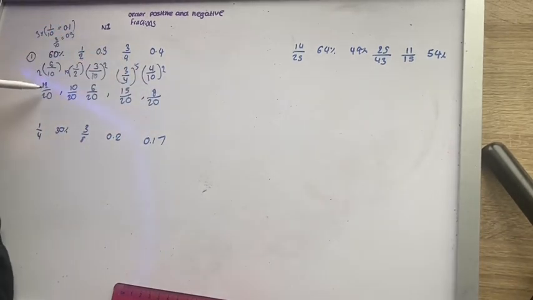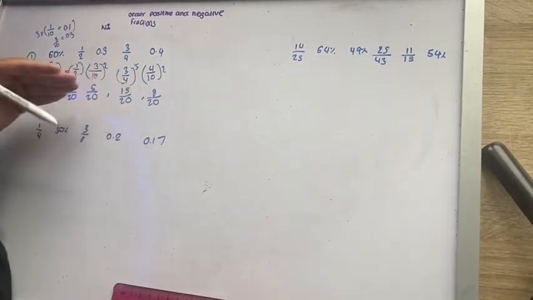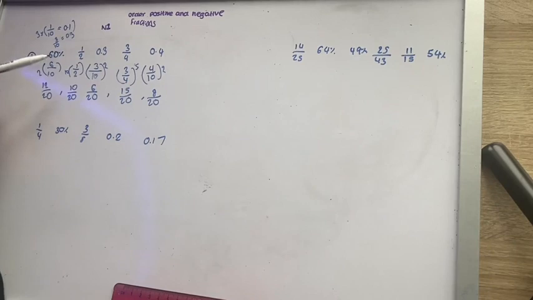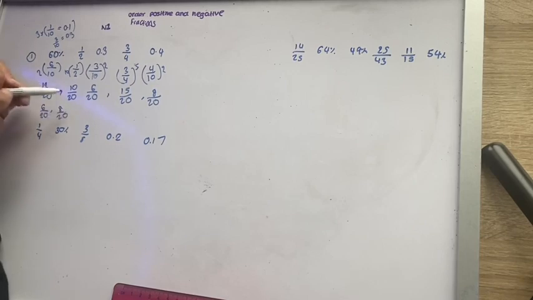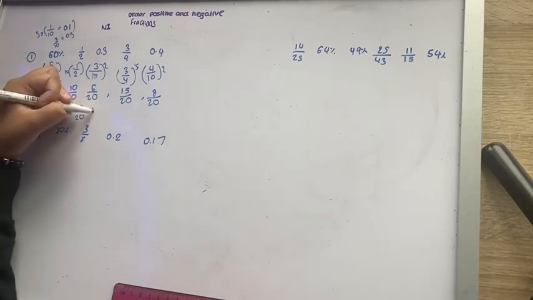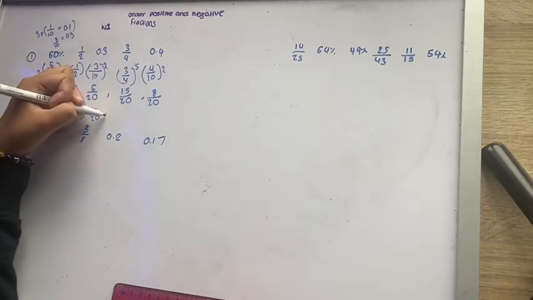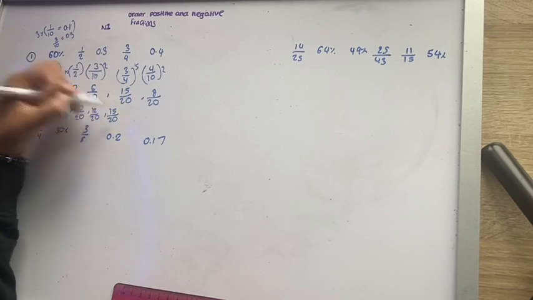And then I can simply just put it in order. So, ignoring the bottom part, we're just going to focus on this, and we're going from lowest to highest. So the lowest would be 6 over 20, followed on by 8 over 20, then 10 over 20, then 12 over 20, then 15 over 20.